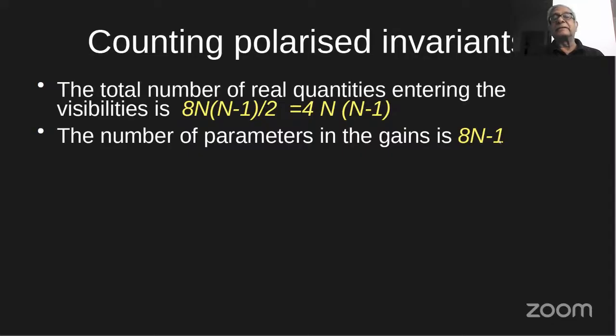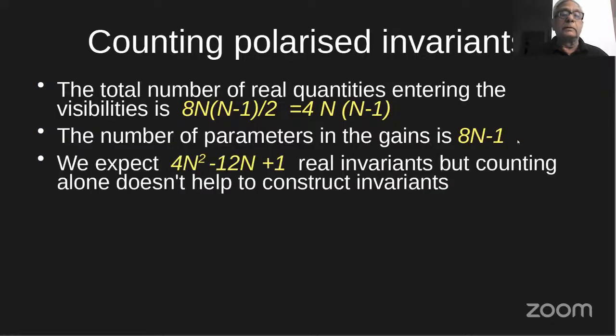And the gains are 1 matrix at each antenna, so 8n. And then as before, you remove the 1. One of the minor corrections to the Broderick-Pesce paper is that they miss this 1. So you do the subtraction, and you expect 4n squared minus 12n plus 1 real invariants.